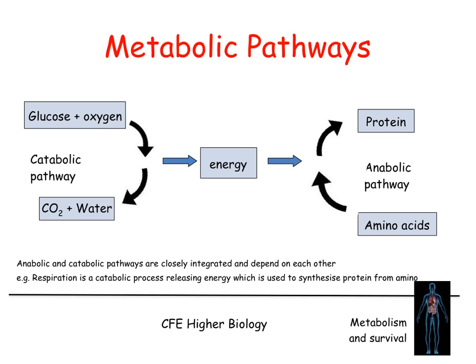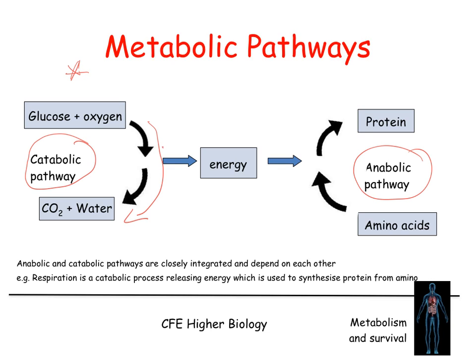Now when we think about these two pathways, the catabolic and the anabolic pathways, we can think of them as being quite closely integrated or dependent on each other. And what we mean by that is that, for example, if we were looking at something like respiration, over on this side here, we've got respiration, where glucose and oxygen are broken down to carbon dioxide and water.